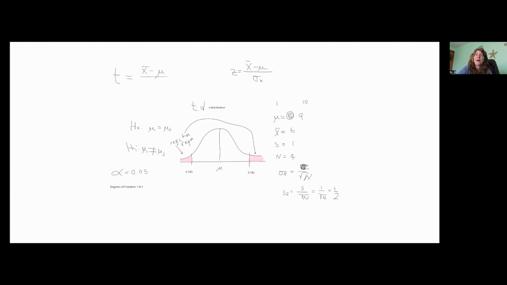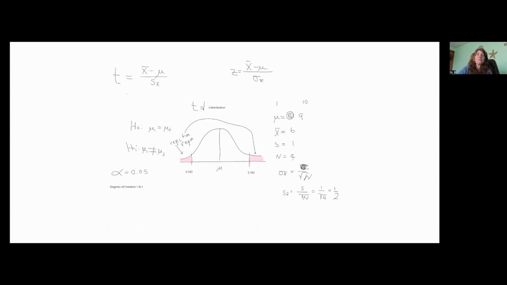But you have an exact calculation of sampling error because we know the standard deviation in a population like this. But there are times that you're not going to know that particular parameter. In fact, most of the time, you're not going to know that particular parameter. So we use the sample standard deviation as an estimate of the standard error.